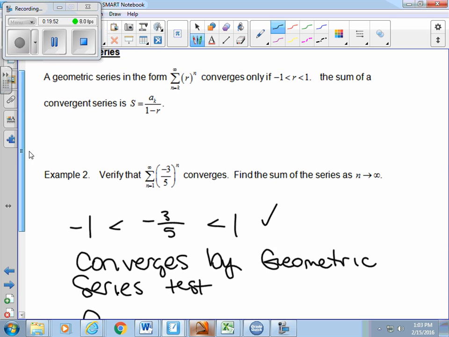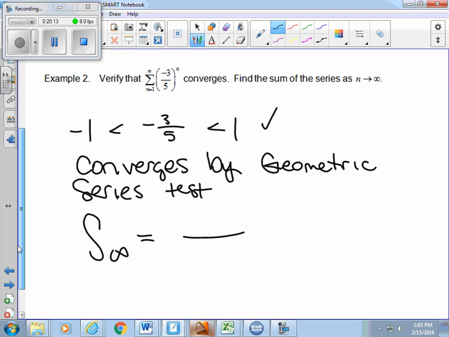So if you haven't written it down, there it is. Except it doesn't say infinity. What's A1? Well, it says AK, but the first term, what is the first term of this sequence?